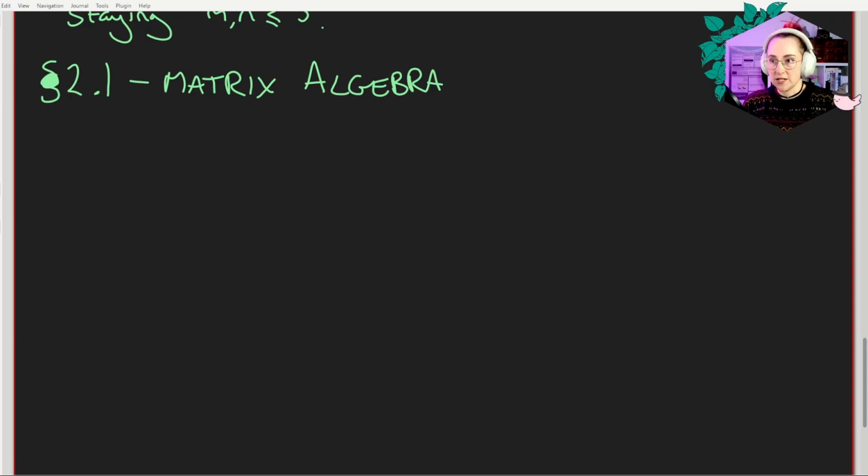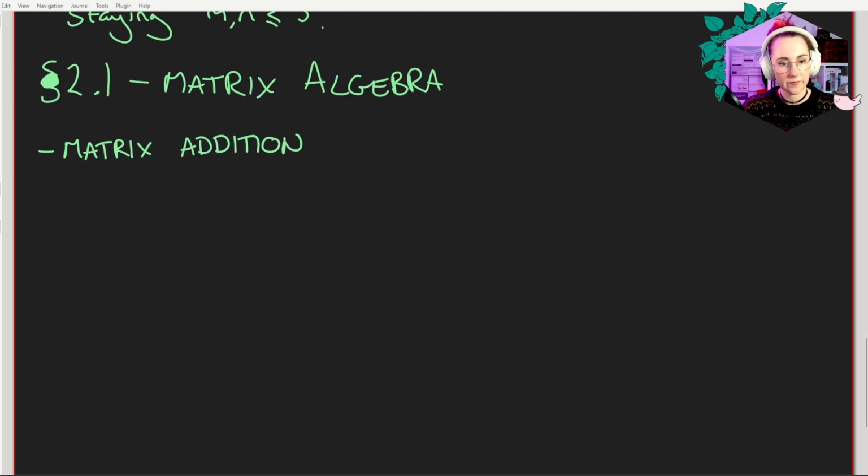So first things first, it's easiest to start with addition. When we add matrices, they must be the same size. And then it's really simple, we just add them element-wise.